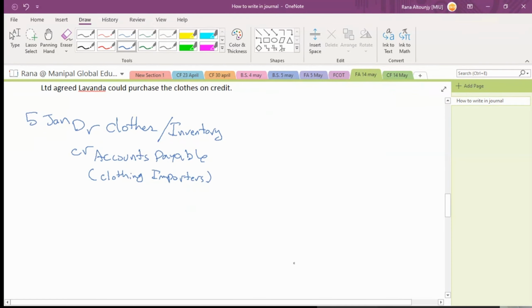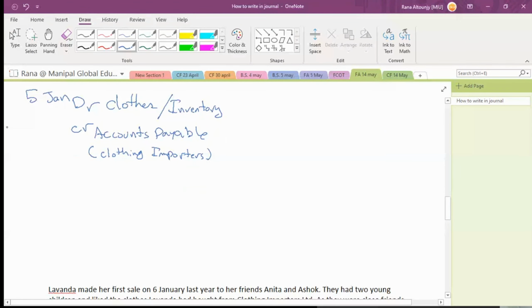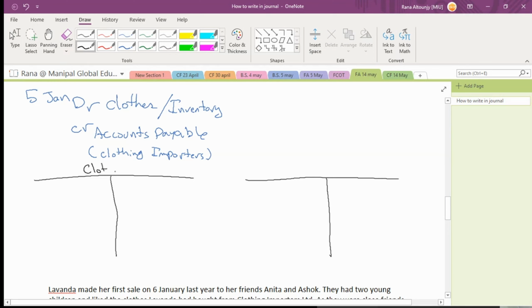So this one, how can we transfer it to the ledger? Also, we need to open the two T accounts, which is the clothes, and which is the accounts payable. So we have debit, we have credit.